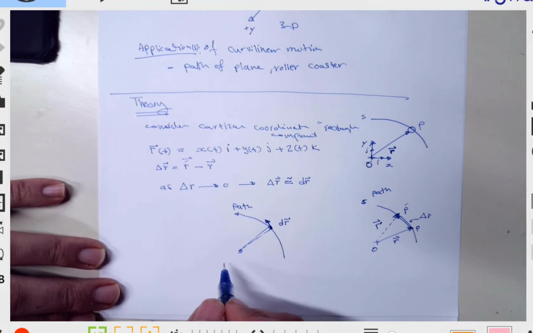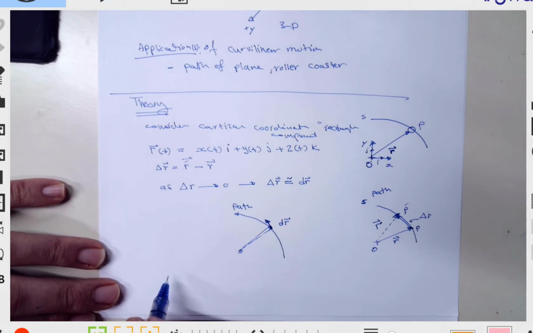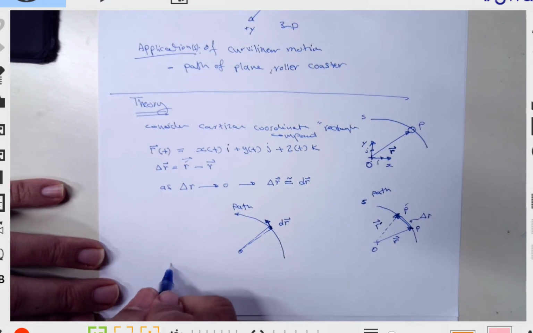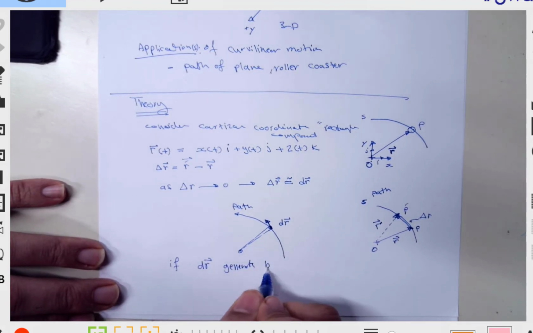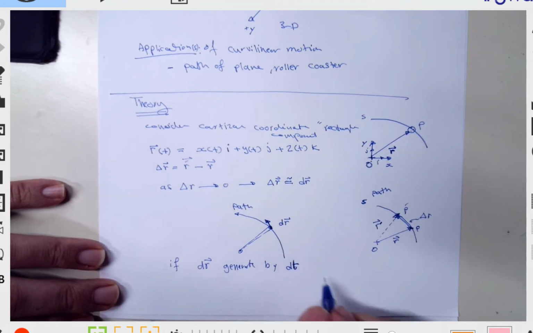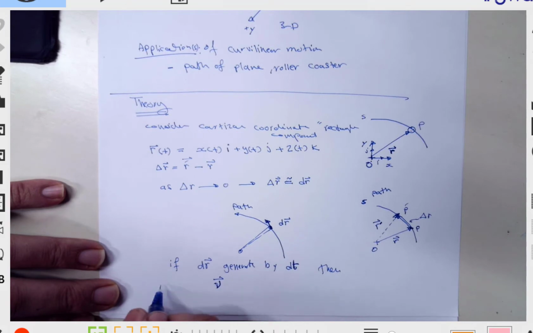Right? So this is very important, because what we then can do, if this delta r is generated by a small time change delta t, then I can define my velocity. The instantaneous velocity, as we know, is equal to dr over dt.